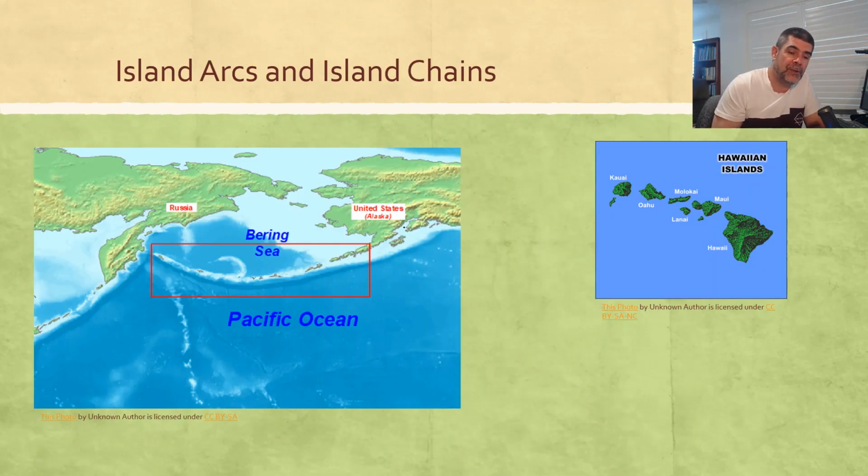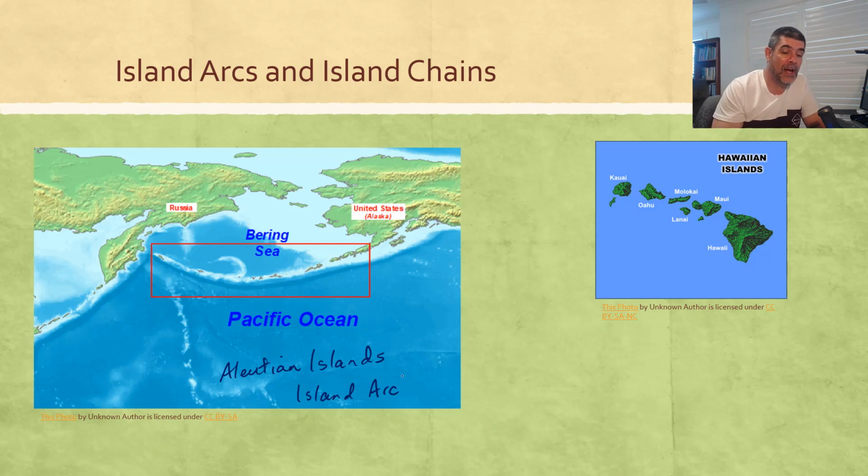So two important phenomena, two places where we've seen volcanic activity as part of our Pacific Ring of Fire, are the Aleutian Islands, which form this island arc.